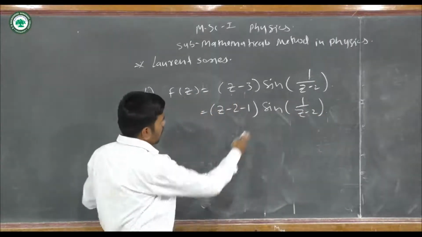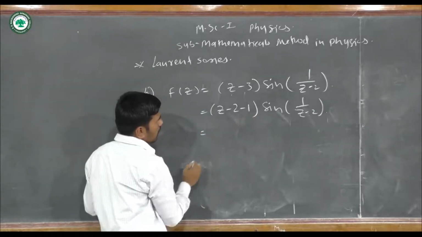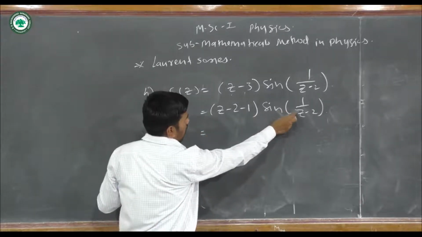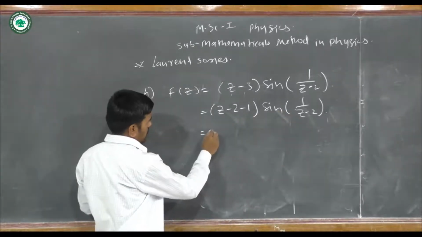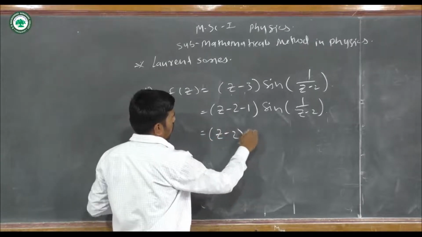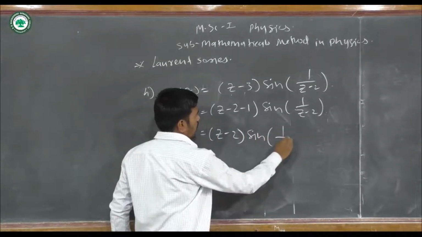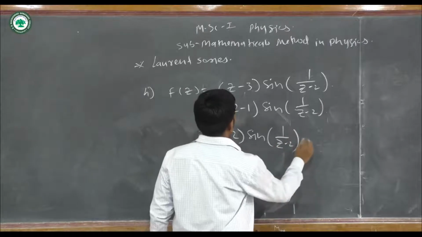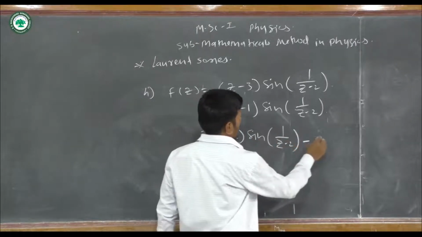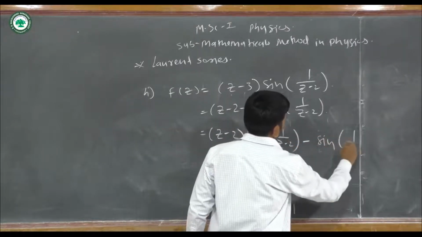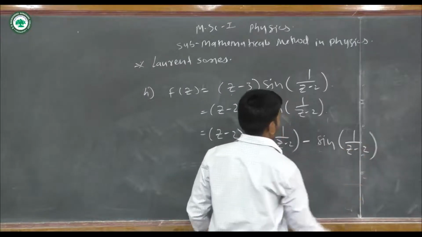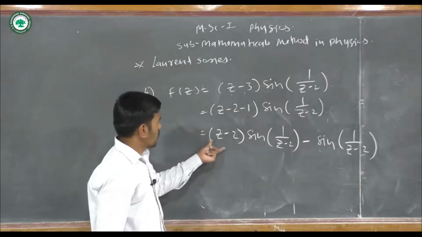If I multiply by sin(1/(z − 2)), this is (z − 2) sin(1/(z − 2)) − sin(1/(z − 2)).